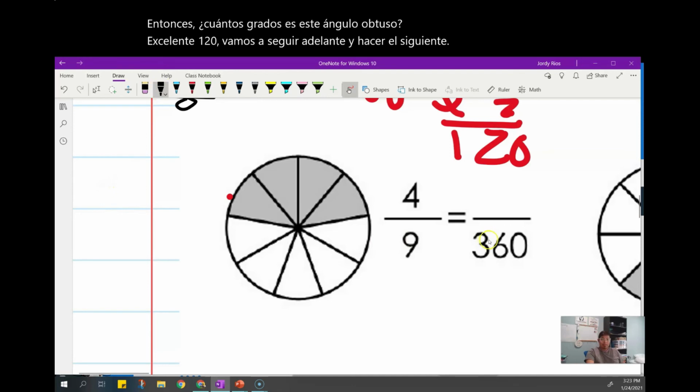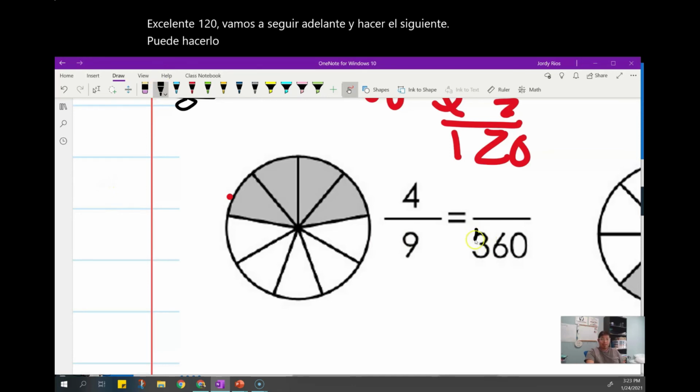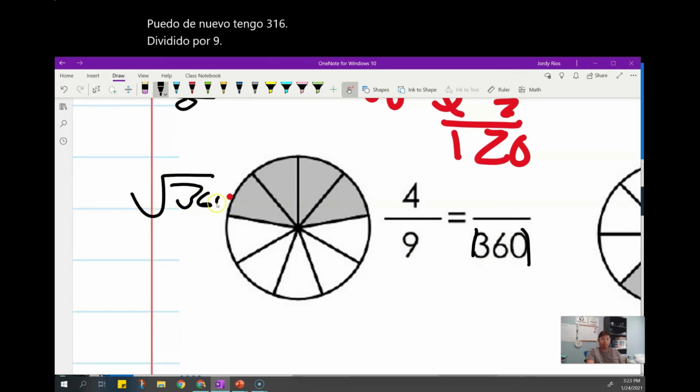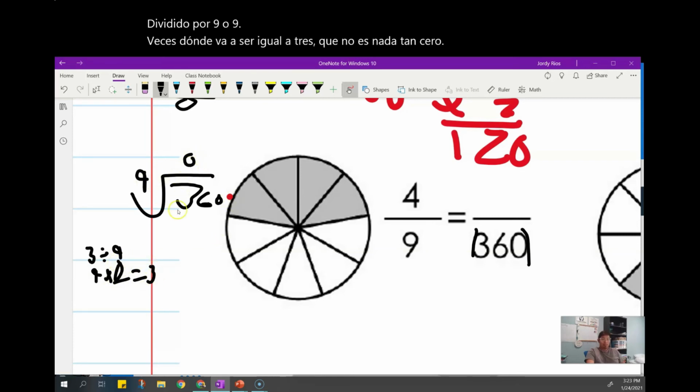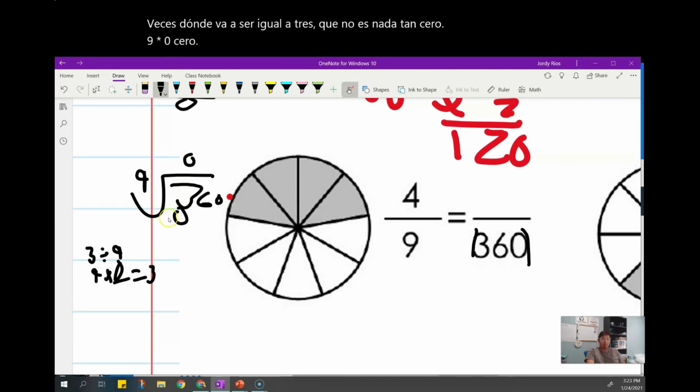Let's go ahead and do the next one. Okay. So again, I have 360 divided by 9. So it's going to be 3 divided by 9, or 9 times what is going to be equal to 3, which is nothing, so 0. 9 times 0, 0. 3 minus 0, 3.